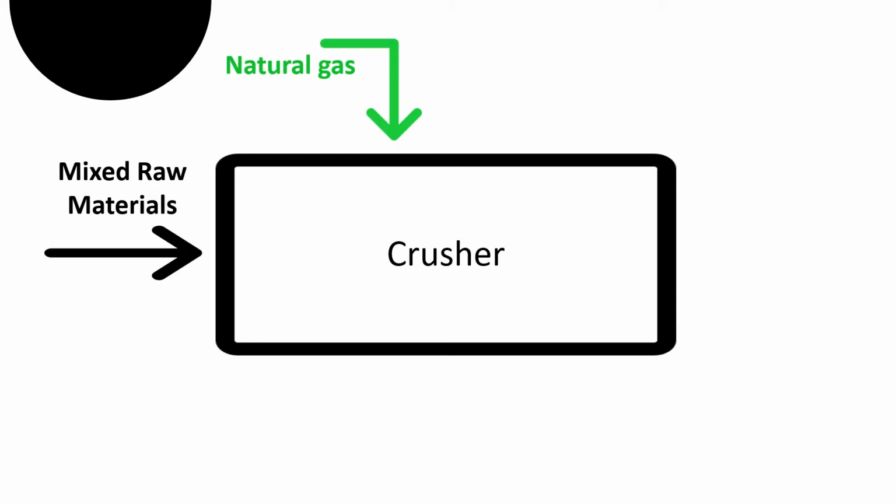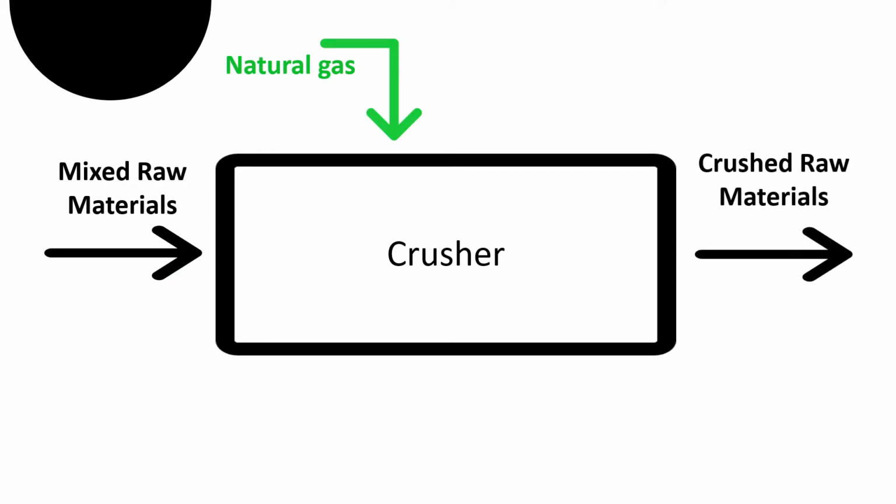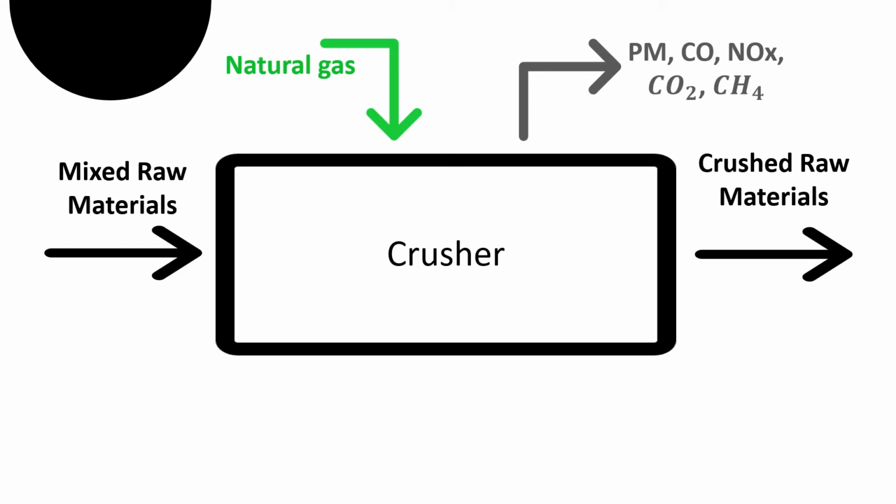For this process, natural gas is also used as an energy source. Hence, air emissions like particulate matter, carbon dioxide, carbon monoxide, NOx, and methane will be emitted, and crushed raw materials will be the product.